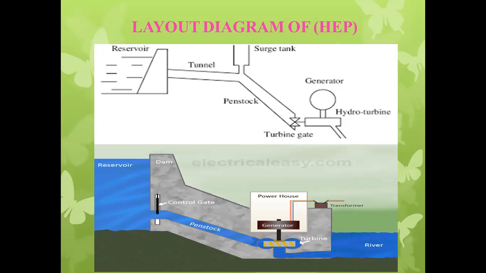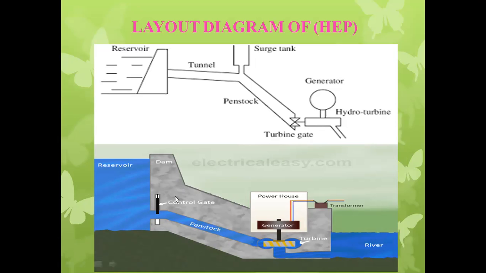It may damage the penstock wall. To avoid that, one additional structure is provided at the penstock top in order to accommodate the rebounding water from the penstock in the backward direction. So this is the function of the surge tank.